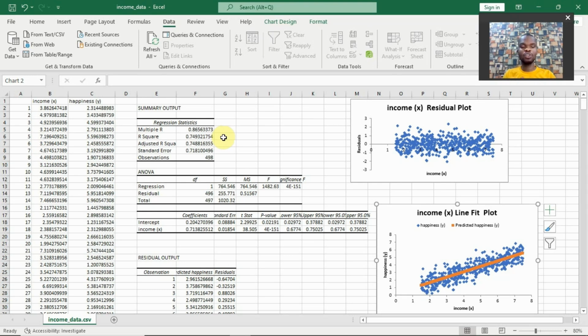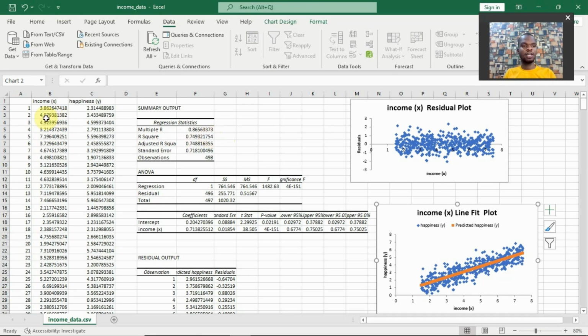So it shows a strong relationship in prediction. Having about 75% here, we can say that our model is predicting strongly. And it also shows that it is accounting for a lot of variation. The model accounts for a lot of variation in the data set.